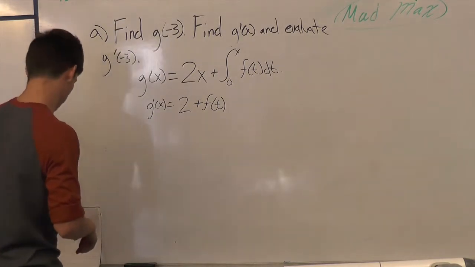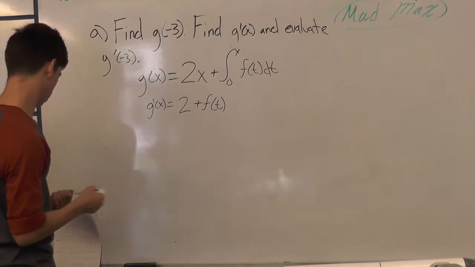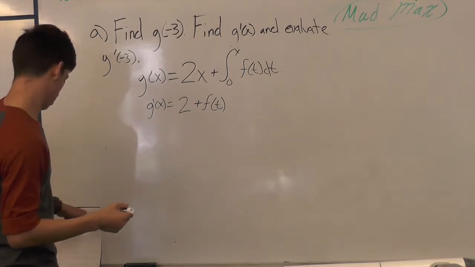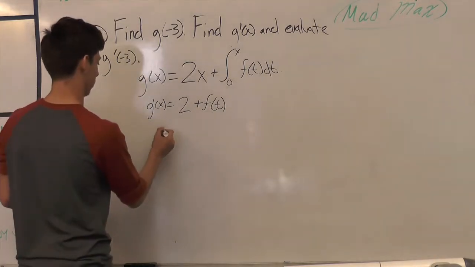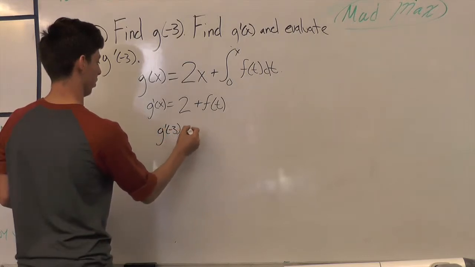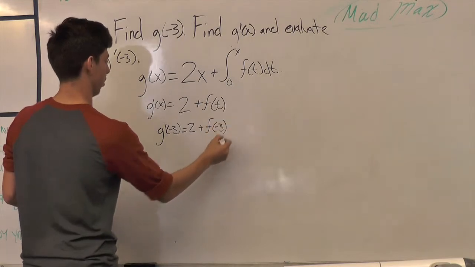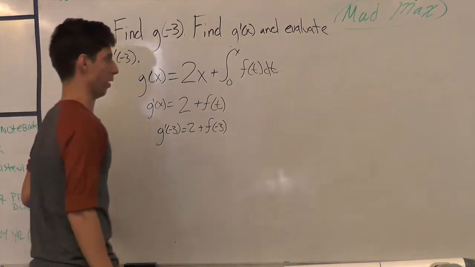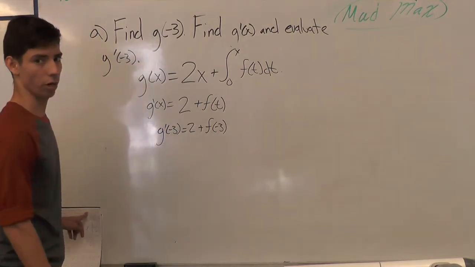Now, plug in -3. So g prime of -3 equals 2 plus f of -3. We look at our graph, which I erased again and will not draw again.